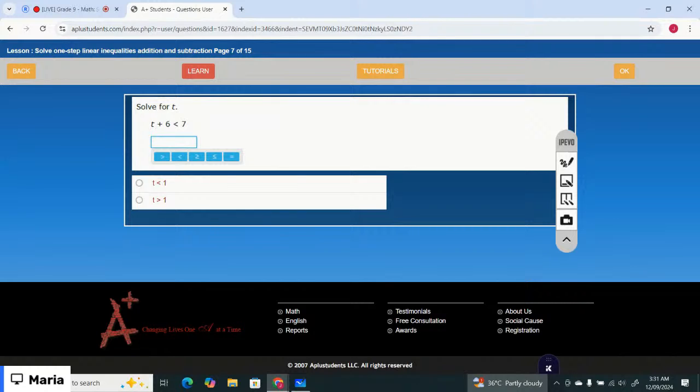The correct option is T is less than 1. Option number 1 is the correct option. 1 it is. Okay, you can complete the lesson by yourself later today. Let me just move on to the next lesson.